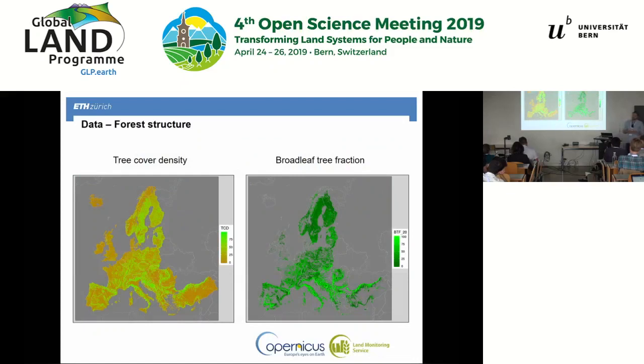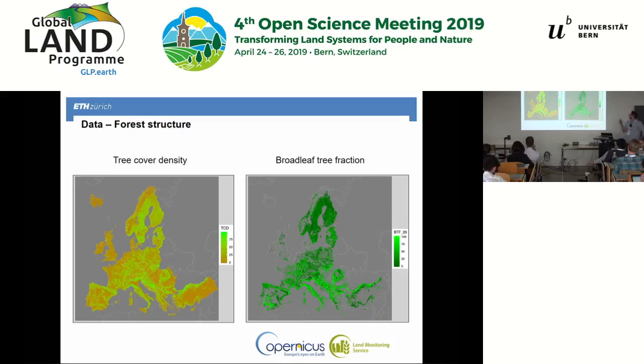The two data sets that are most important for me are from the Copernicus Land Monitoring Service. They are called high-resolution forest layers. On the left, you can see the tree cover density, which is defined as the area that is covered by forest canopy in a 20-meter pixel.